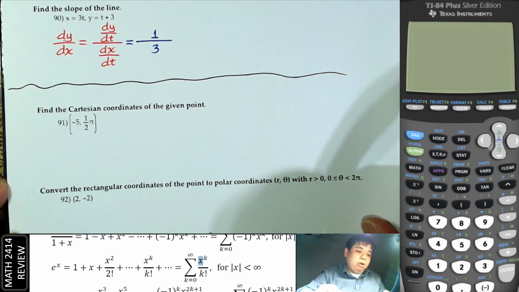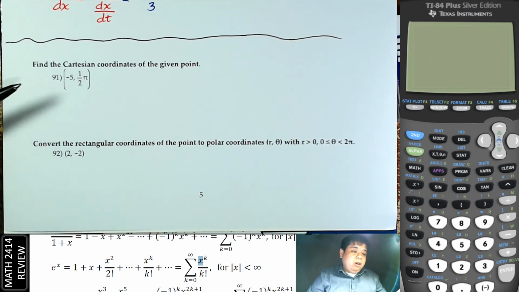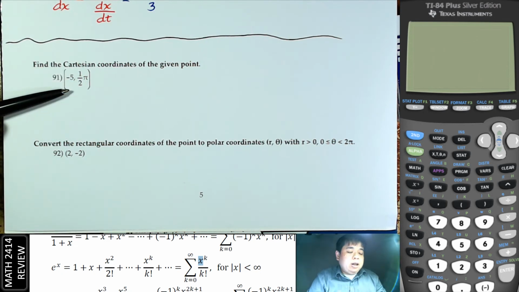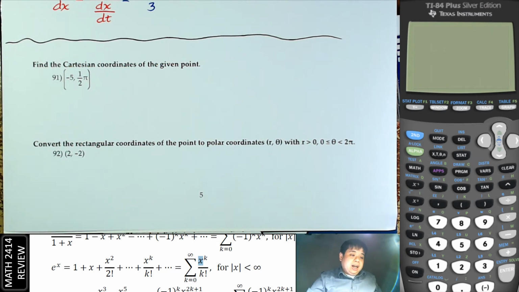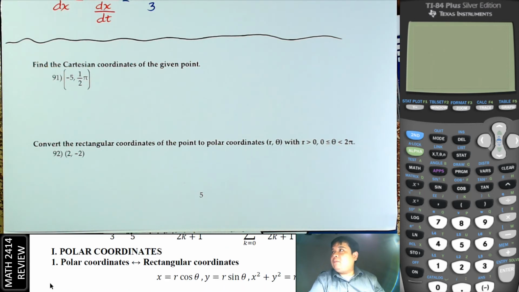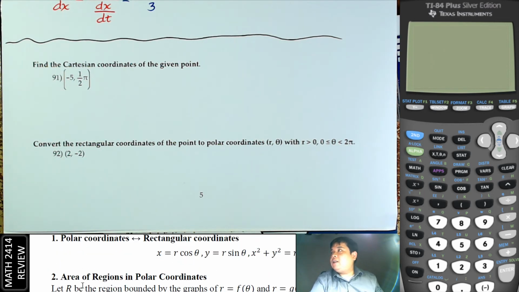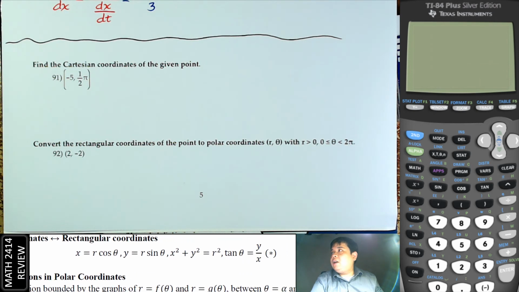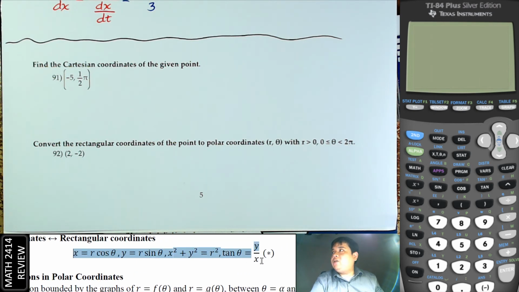Right, next we will find the Cartesian coordinates for this point. This is in polar coordinates, so we will find the Cartesian, or rectangular, coordinates for it. Right, so here is what we have.